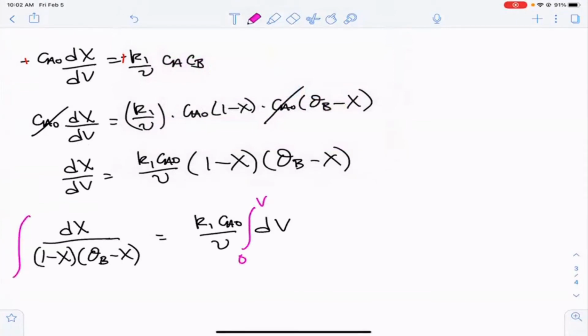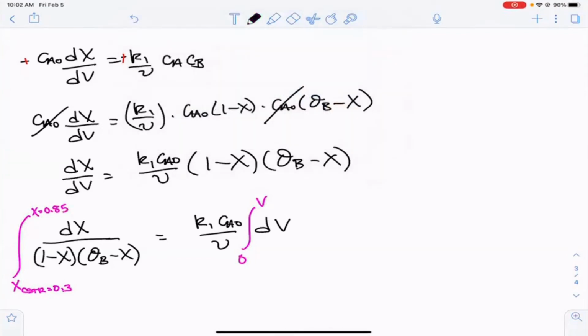And that brings us to the limits of the integration here. This would be from the inlet conversion, which is the conversion that we got for the CSTR, that was equal to 0.3, then to the final conversion, which is 0.85.